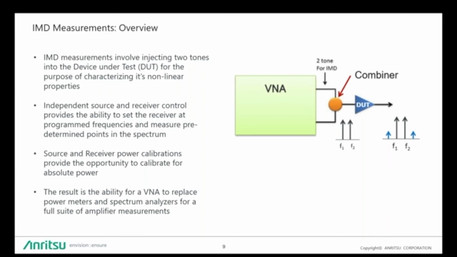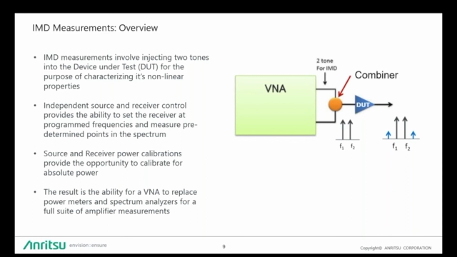Then we have the ability to do independent source and receiver control. What that means is the VectorStar not only can monitor the third order products, you can do 3rd, 5th, 7th, and up to 9th order products also. But most folks industry-wide just focus on the 3rd order products because they're the closest and sometimes fall in band, unfortunately.